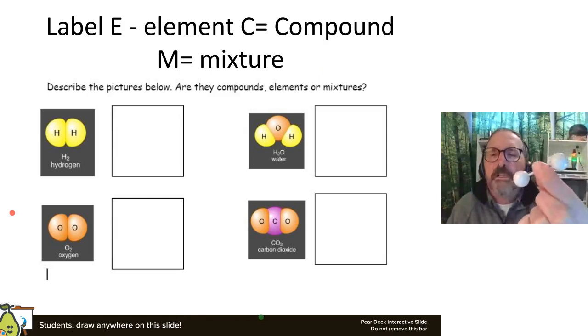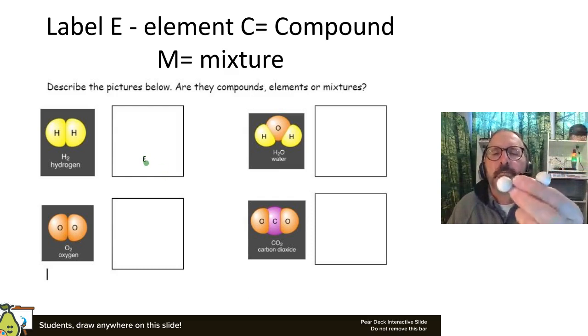Theirs shows a little bit different. This shows a little bit different than theirs. Theirs are put together. So there are a couple of them in there that are molecules of an element. Which one would you pick? You can put the letter E anywhere. That's right. That's one right there.